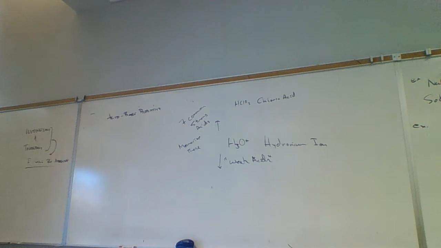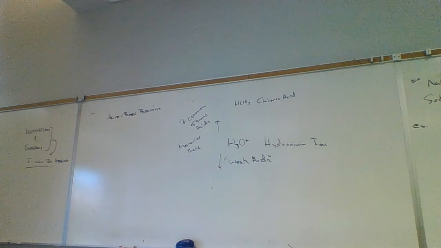Carbonic acid decomposes into carbon dioxide and water. So there are two acids that are inherently unstable. What are they? Carbonic acid and sulfurous acid. Sulfuric is stable. Okay, below that is H2S. We have two names for H2S.